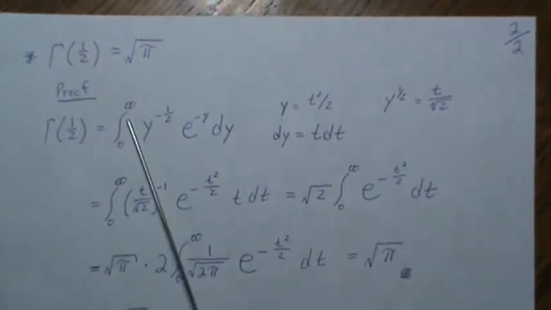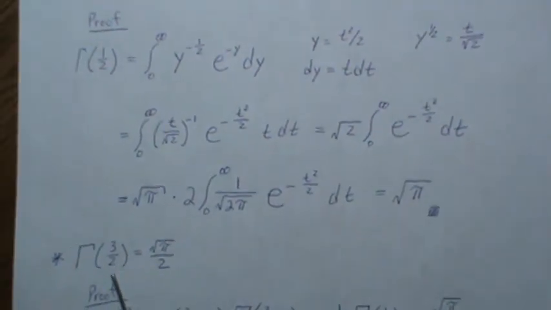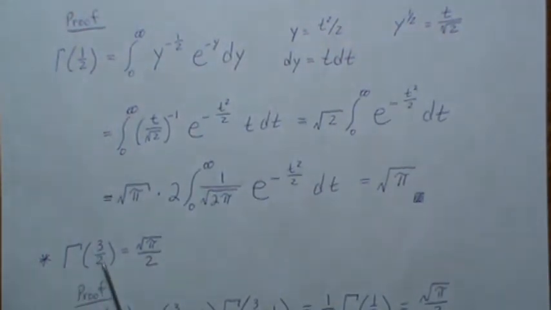And this becomes relevant when you have fractions over 2. Then gamma of 3 over 2 is square root of pi over 2.